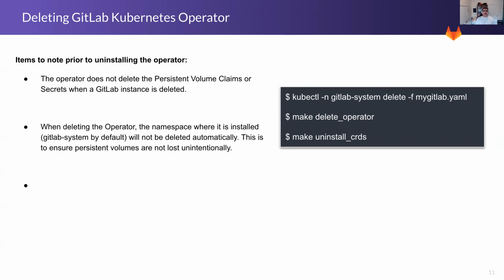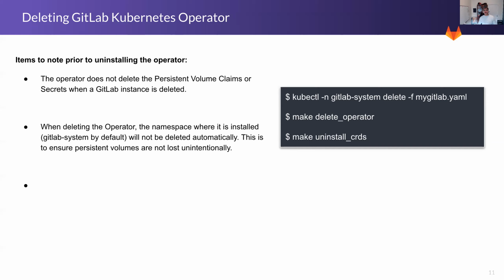And I will show you in a second the repo where you will find all the instructions for installing and deleting the operator. It's very important to remember here that deleting the custom resource definition and the operator does not delete the created namespace for GitLab and does not delete the persistent volumes or volume claims and secrets, so that the data itself for the deployed GitLab object is not lost after you delete the operator and the custom resource, which makes sense, right?